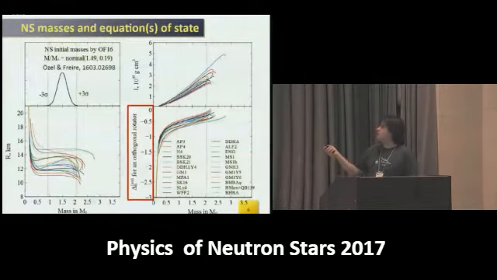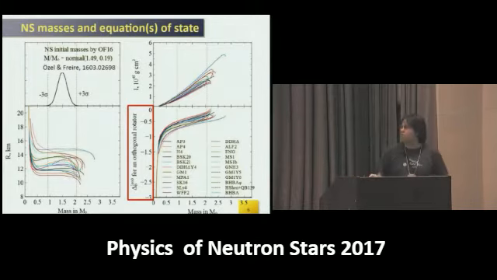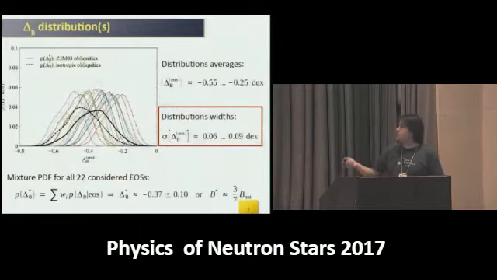And you see that within the most probable interval of masses of radio pulsars, this correction is equal to minus 0.5 dex. It means that the classical magnetic dipole estimator systematically underestimates magnetic fields by up to half an order of magnitude. So we have calculated the distribution of the delta B correction for all these equations of state. Here they are.